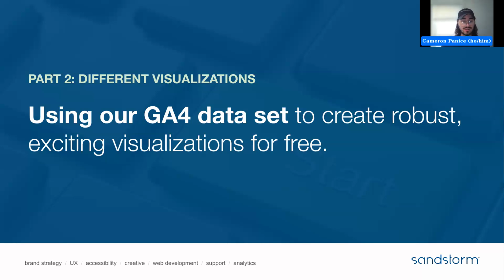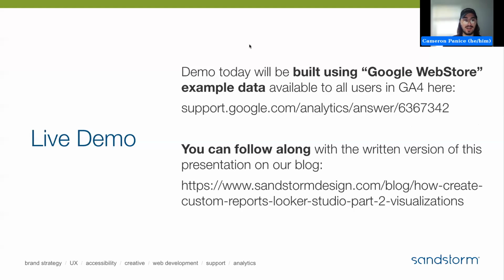Everything that you'll see here today is free to build, assuming that you are using the first-party GA4 Google Data Connector. As with last time, this demo will be using the Google Web Store example data that's available to all users in GA4.